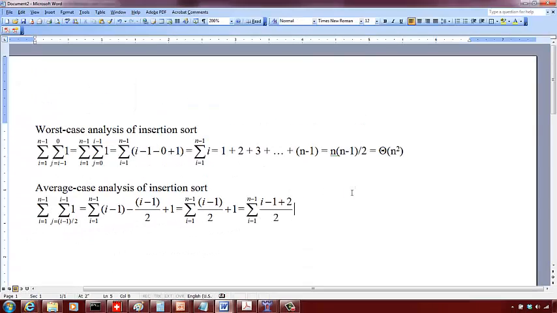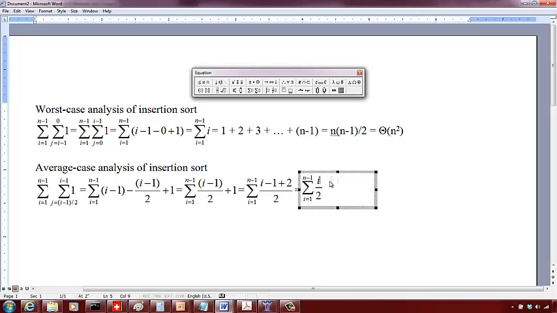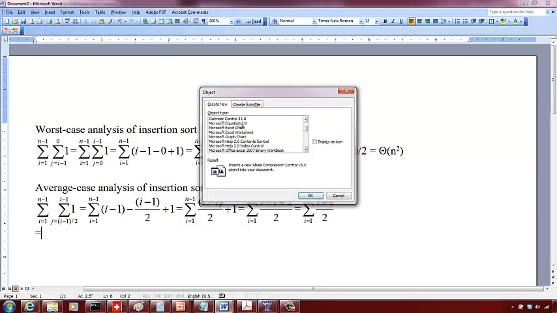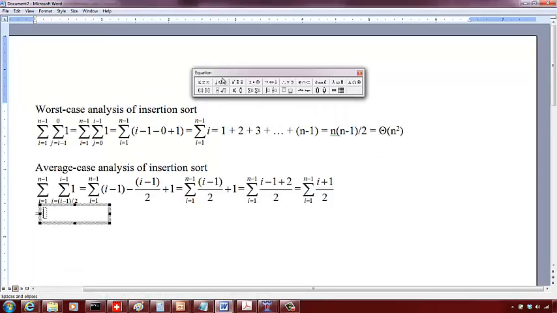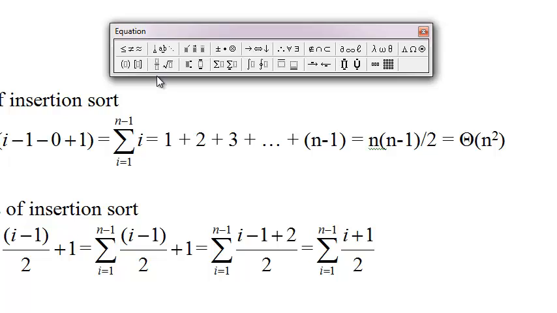So this is going to be i minus 1, i minus i plus 1, over 2. So I can really take this half out. So let's put up the equation again.